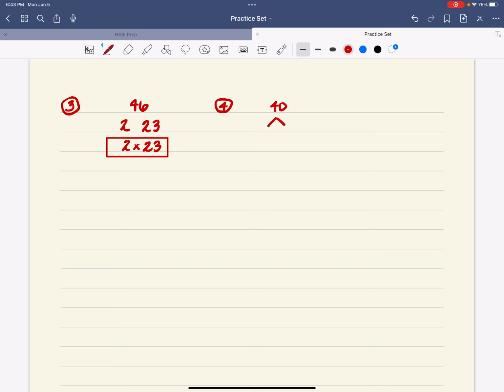I think of 4 and 10, but you can use any that you think of. That's 2 and 2. That's 2 and 5. And there we go. 2 times 2 times 2 times 5. Or 2 to the 3rd power times 5. The HESI Prep book leaves it in this form. So that's what I would look for on the answers.